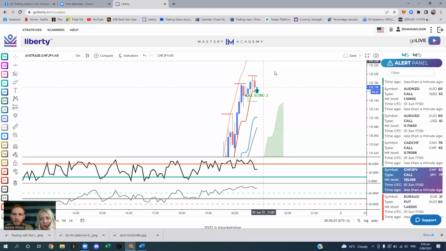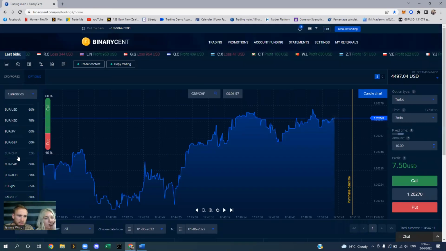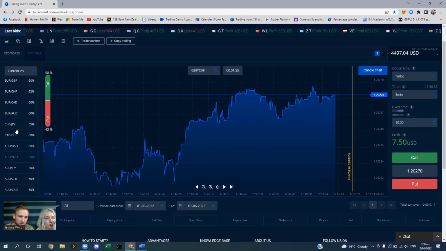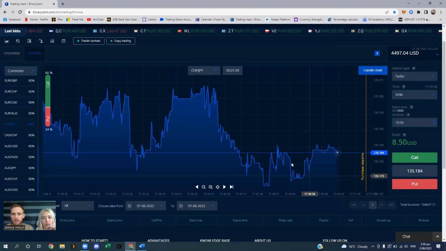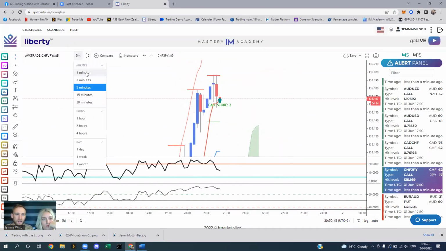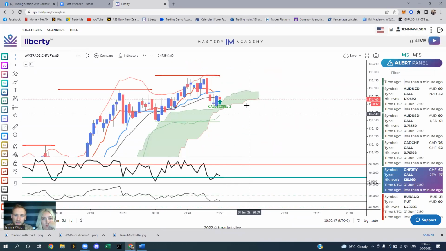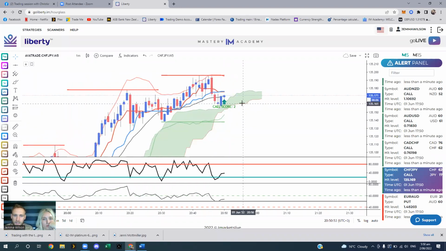Chef JPY. Now this is using these new EMAs, so again, lower your risk, because I'm just testing this. 3 minute. I might actually do a 2-minute trade. For me, I'm really big on my entries. I like taking those sniper entries, so I'd like to see it come back down to possibly this area before I take it up.